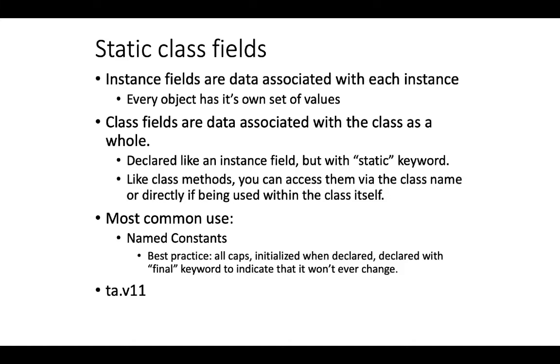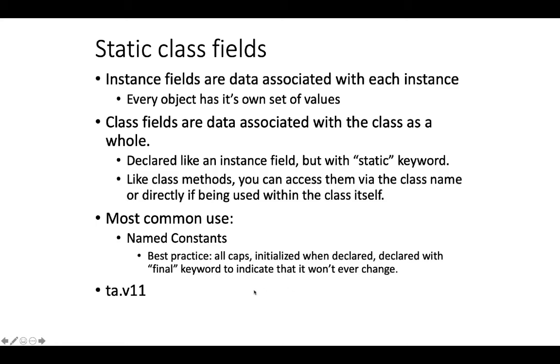But the idea of creating static final fields associated with the class in order to define named constants associated with that abstraction is generally the most common use of class fields. Otherwise, for the most part, we use instance fields to define the kinds of information that go into an object of that class, and we don't really use static fields for much else.